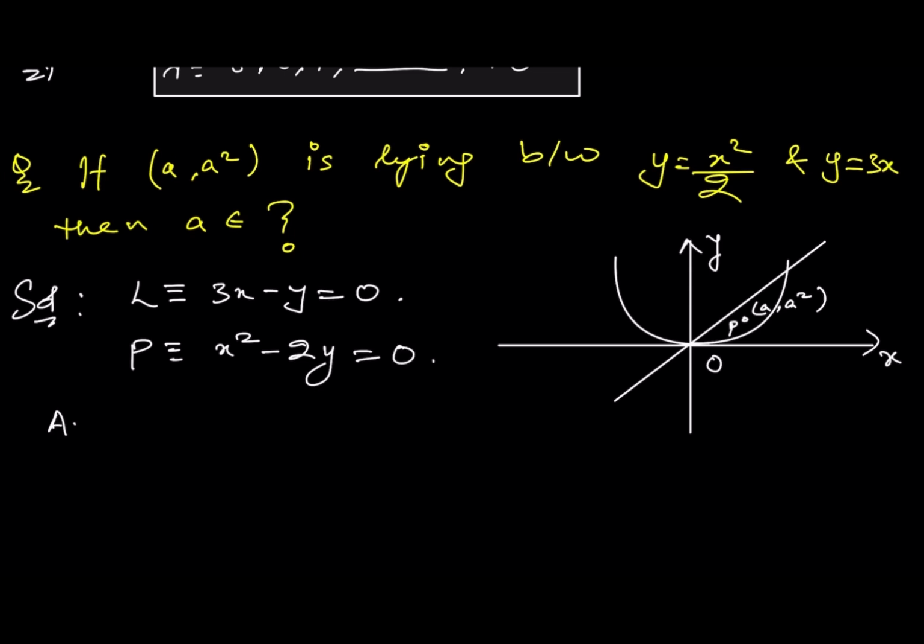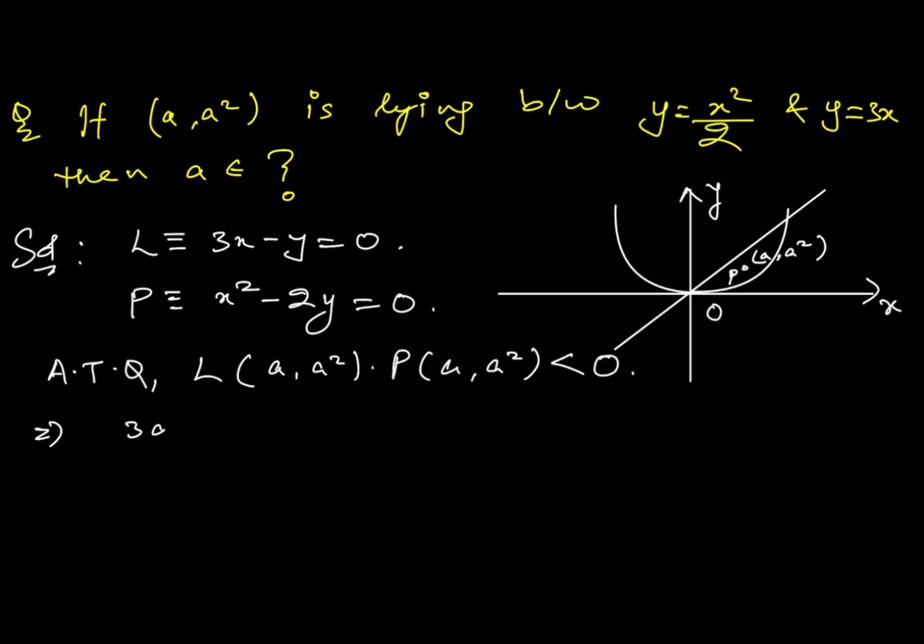According to the question, L of a comma a square into p of a comma a square should be negative because with respect to the line it is below. So for the line, L of a comma a square is less than 0, but it is above the parabola, so p of a comma a square is greater than 0. So the product of these two will be negative.